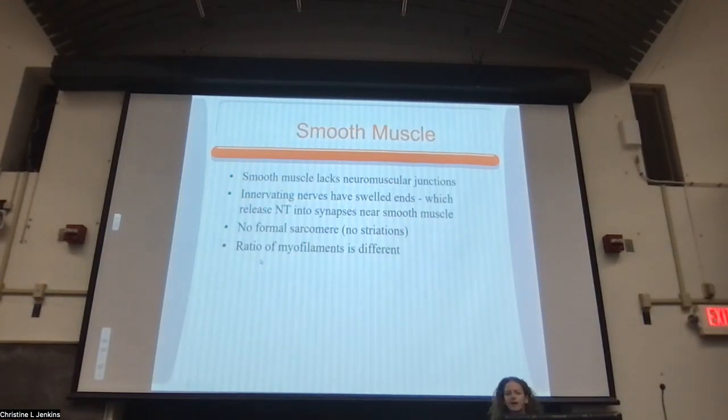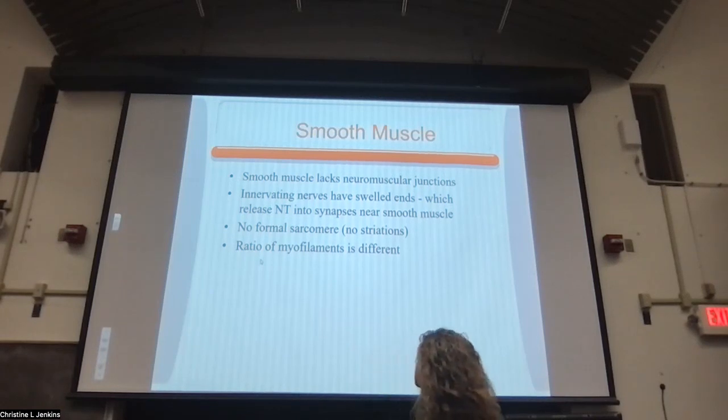I have 2 comments about smooth muscle. Overall, skeletal and cardiac muscle are very similar. Smooth muscle is a little bit different. Let me give you 2 comments about smooth muscle.